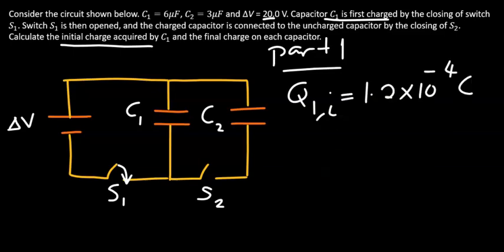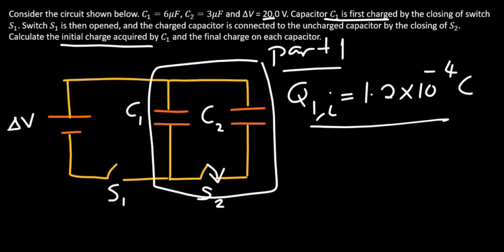In the second part of the problem, we reopen S1 and close S2. Now we note that this capacitor C1 has a charge of Q1I given by that number. So in this part of the problem, let's just look at the right-hand side of the circuit.